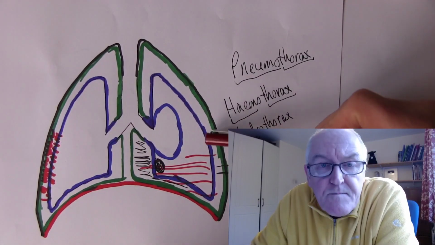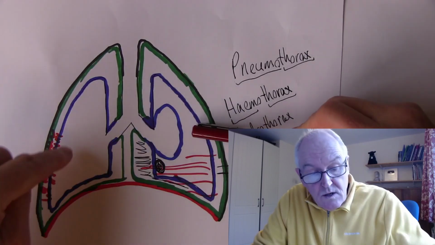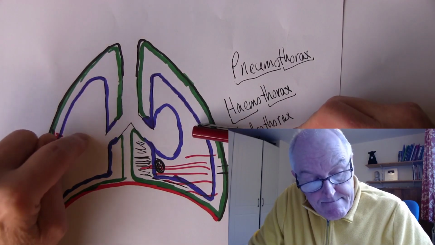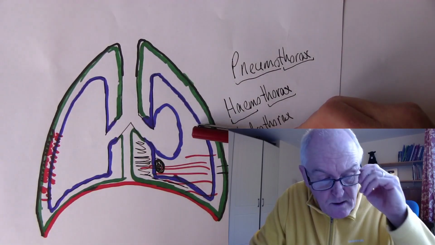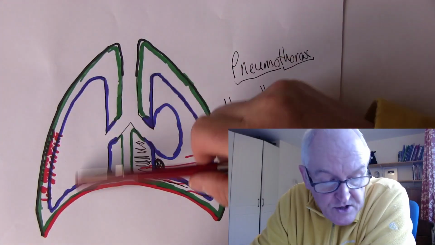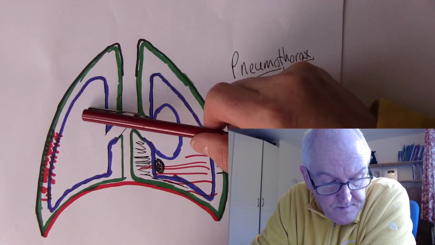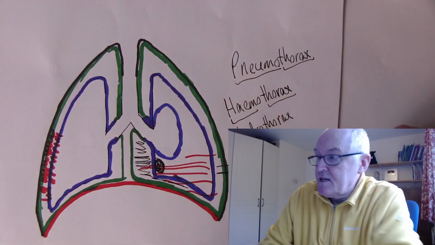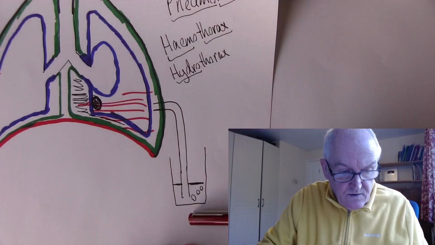But if you get a pneumothorax in this lung, then this lung will remain inflated, and that gives you a lung to breathe with till you get to hospital. I mean, one lung is more than capable of maintaining oxygen saturations for quite some period of time, certainly until you can get medical help to get a collapsed lung re-inflated.